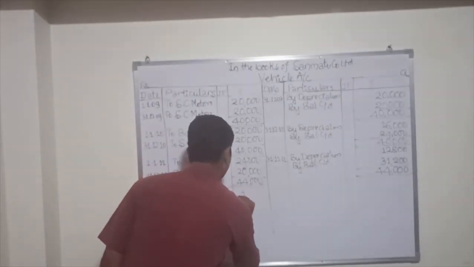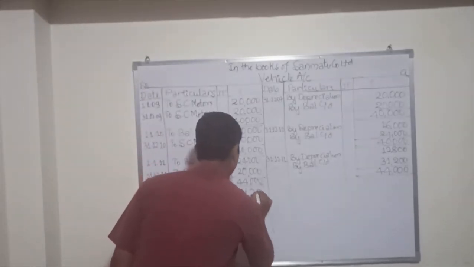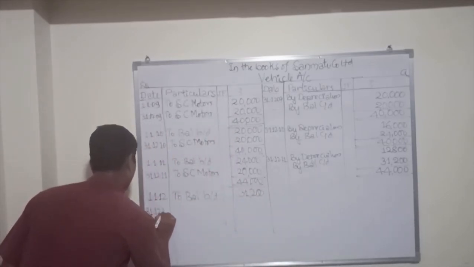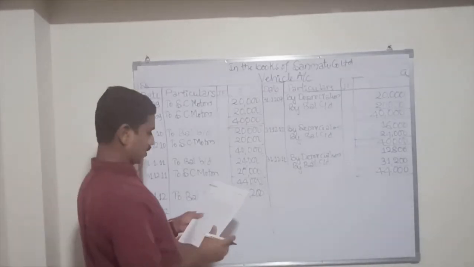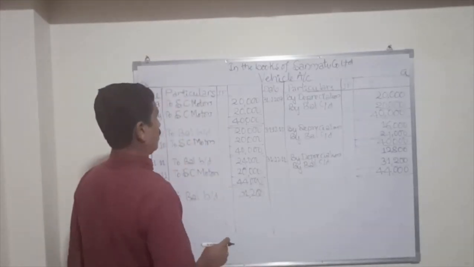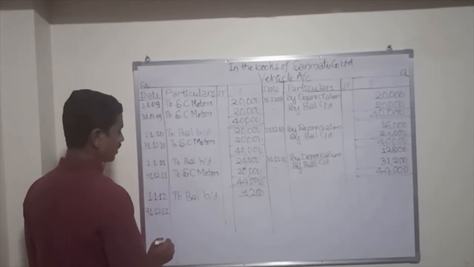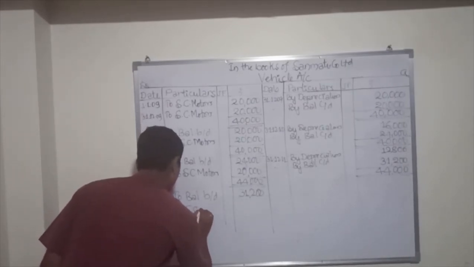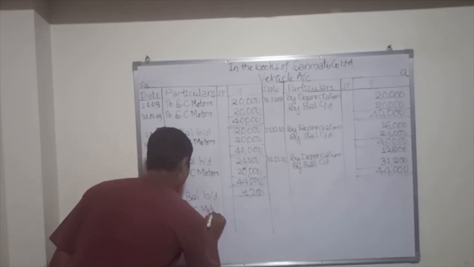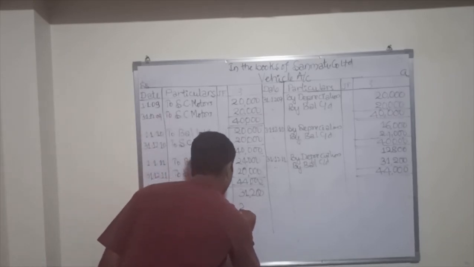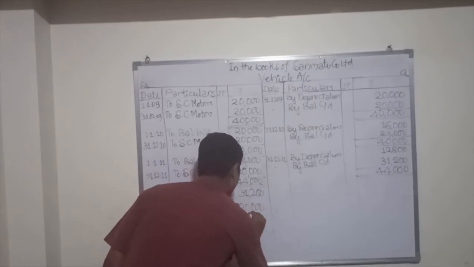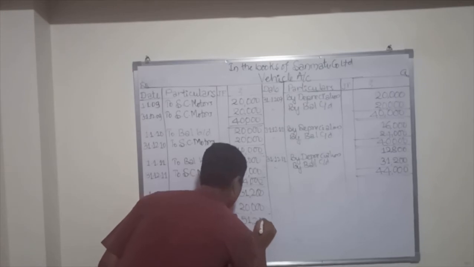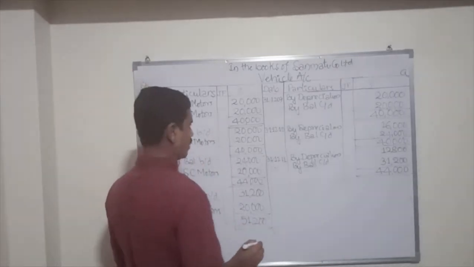31,200. When the last installment is due on 31st/12/2012, then the entry will be vehicle account debit 20,000, interest account debit 4,000 to SC Motors. So to SC Motors, again 20,000 here. 51,200 is the total here.